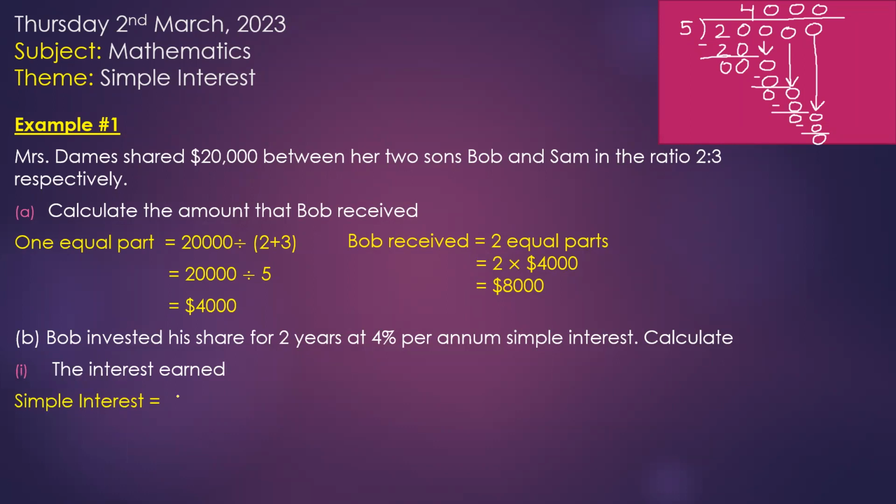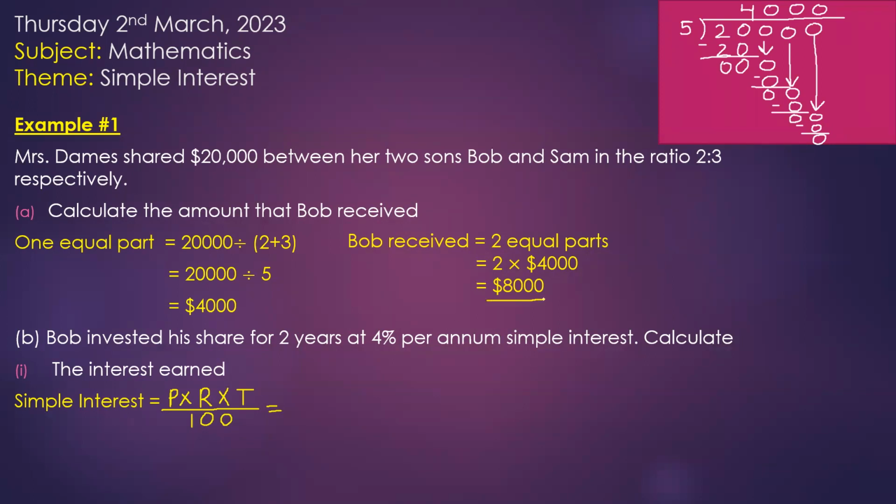Yes, sir. All right, so it's gonna be P times R times T, divided by 100. The principal we know is what? What's the principal? 8,000.